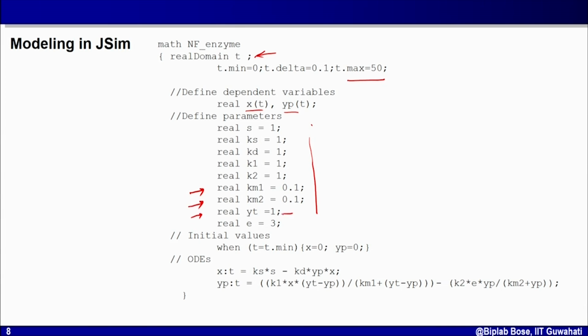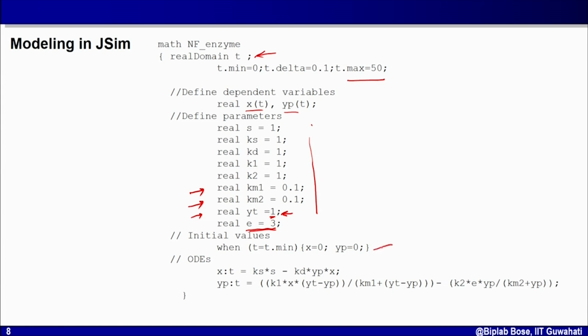We can keep YT constant at 1. We will not change it much. Rather, we will change KM1 and KM2. So the ratios of KM1 to YT and KM2 to YT will change. So we will keep YT constant, we will change the Michaelis-Menten constant in our simulation. And also E, the amount of phosphatase, will vary in the simulation and we will see its effect.